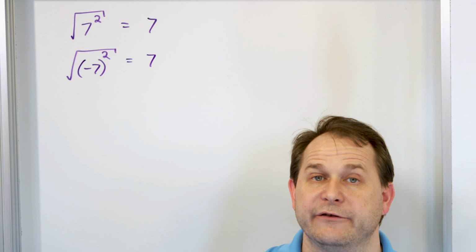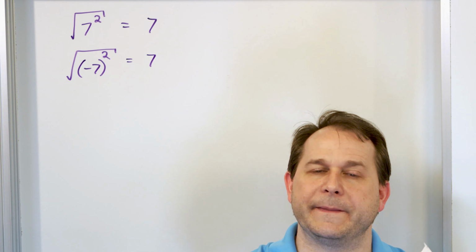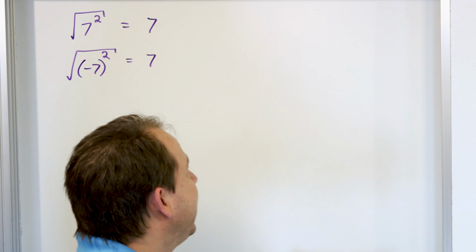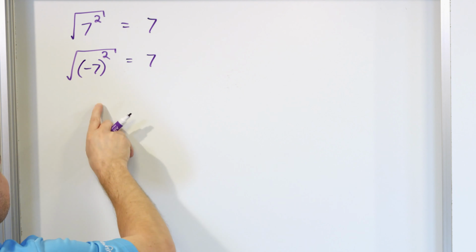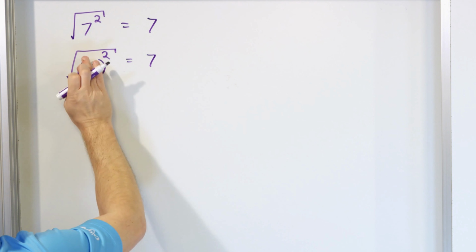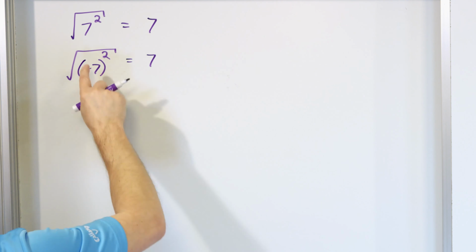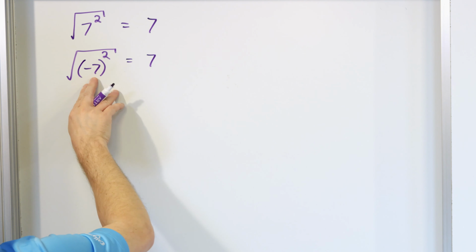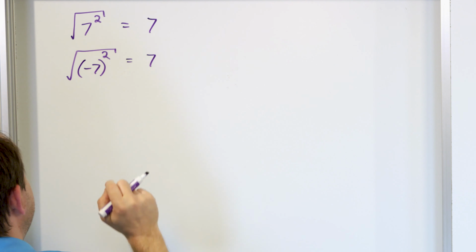So the bottom line is when you're taking a square root of something that is squared on the inside, they cancel and you're left with what's in the middle, but really you have to take the absolute value of what's in the middle. Even if it looks like you're striking through and canceling everything, you're taking the absolute value.